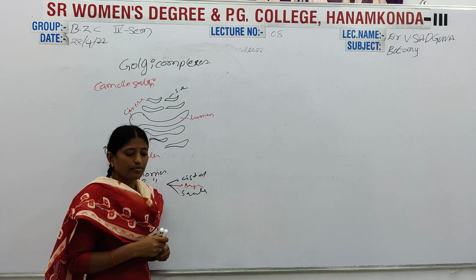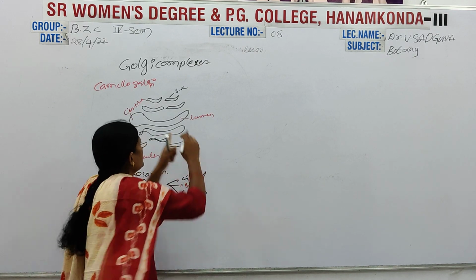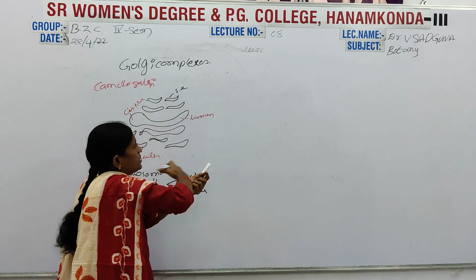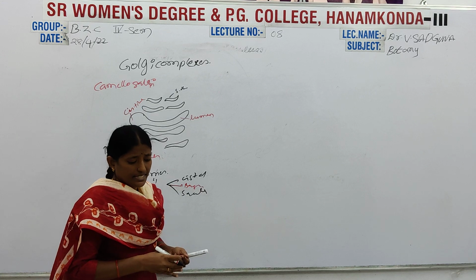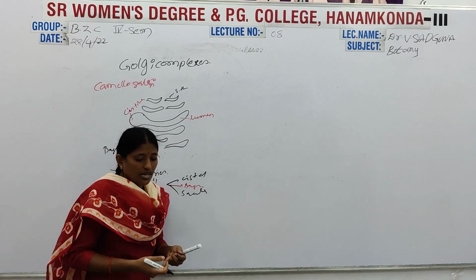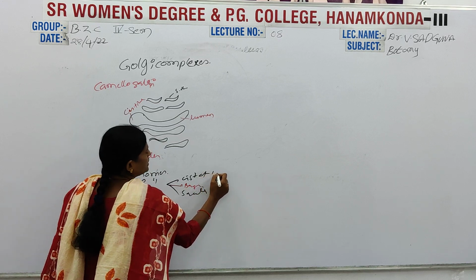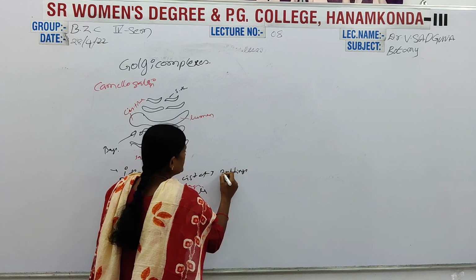These cisternae are surfaces arranged one beside another, parallel like systems, like piles or floors in a building.